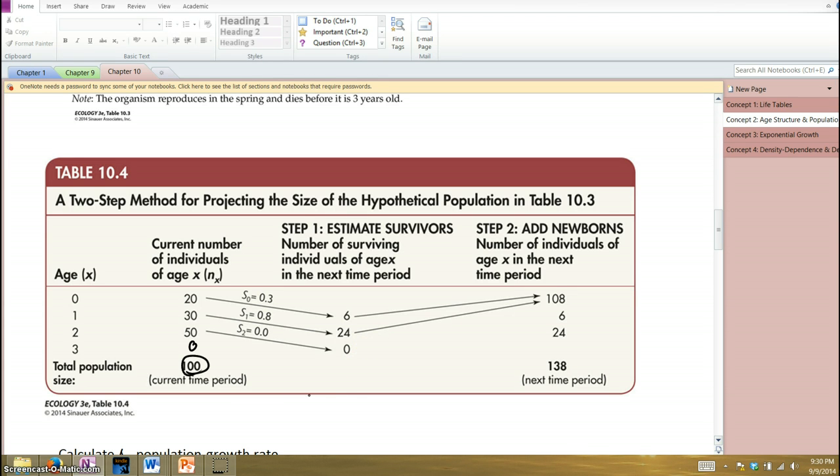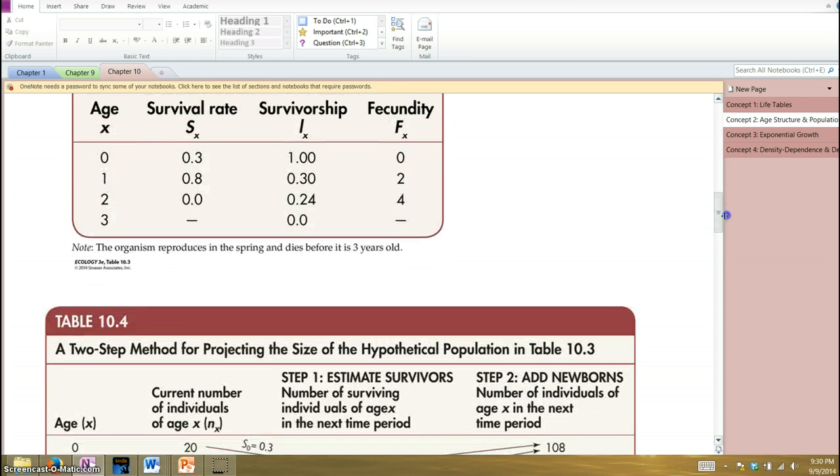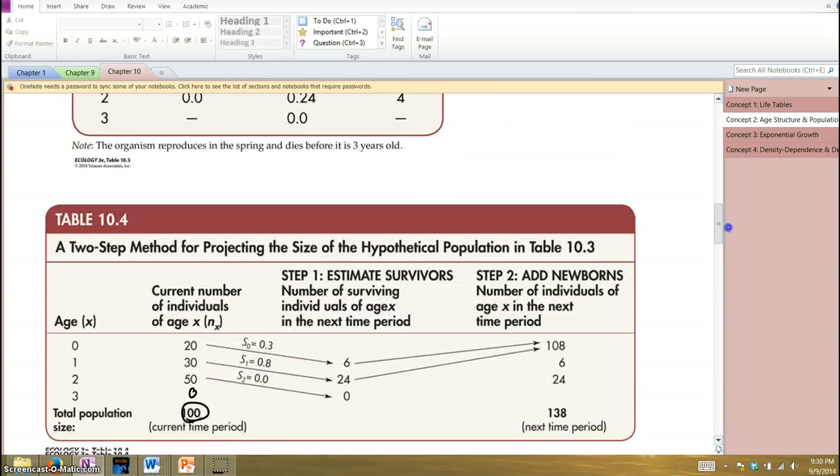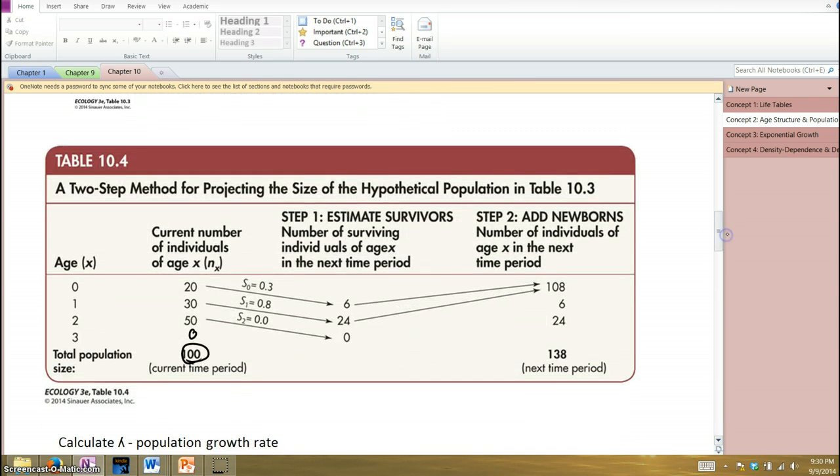And those are the ones that reproduce. All right, so we see the fertility of individuals at stage 1 is 2 and stage 2 is 4. So 6 times 2 is 12, and then you've got 4 times 24. You sum those together, and essentially 108 individuals are born in the next time period.